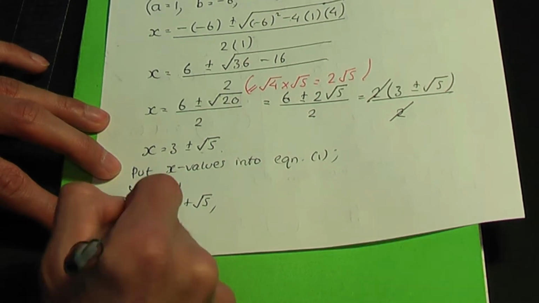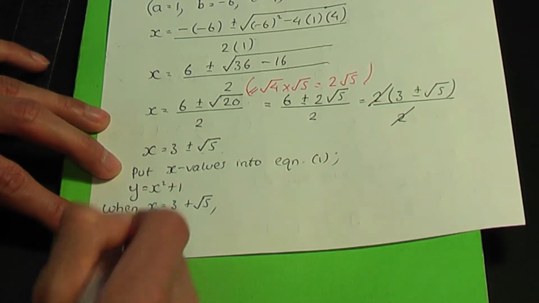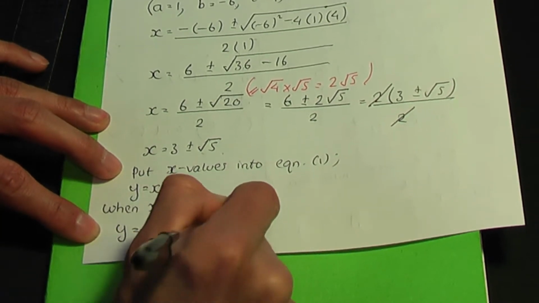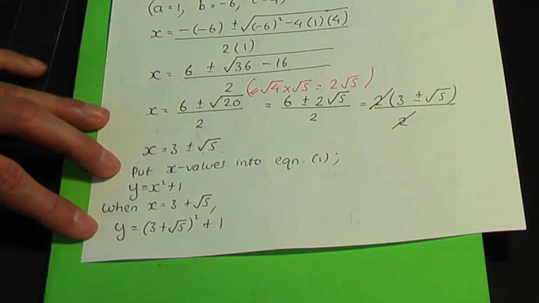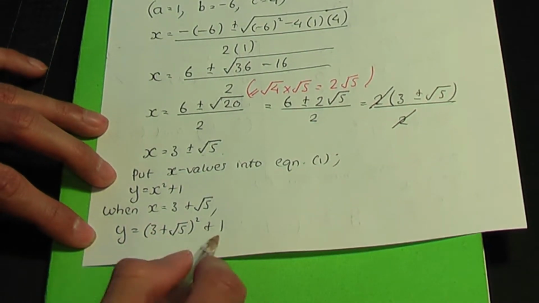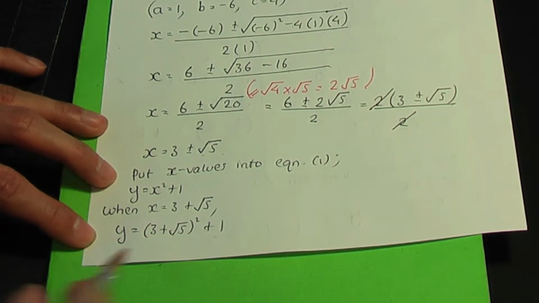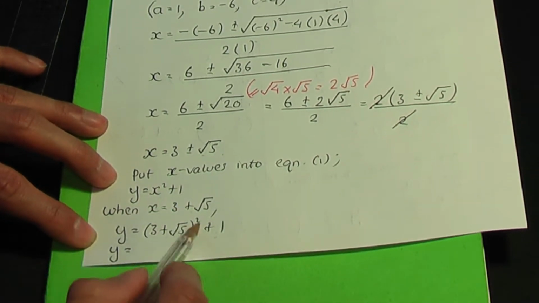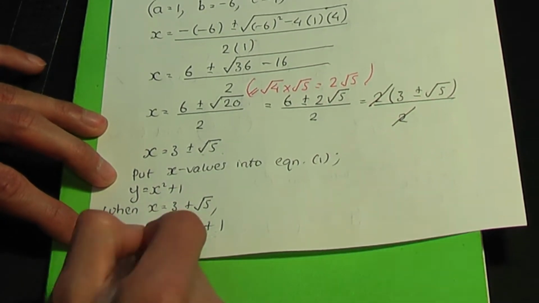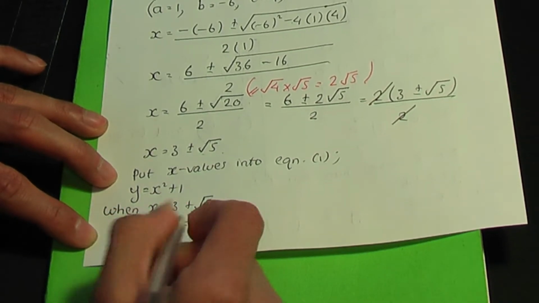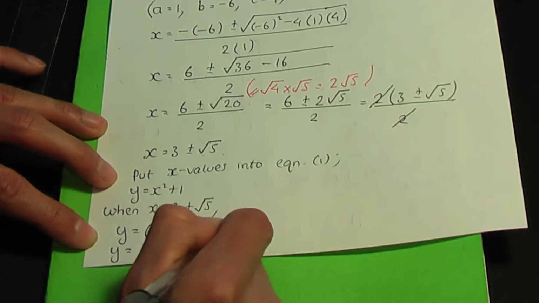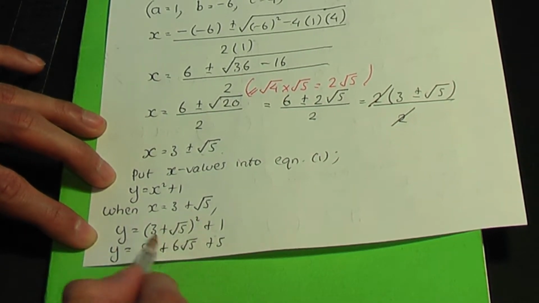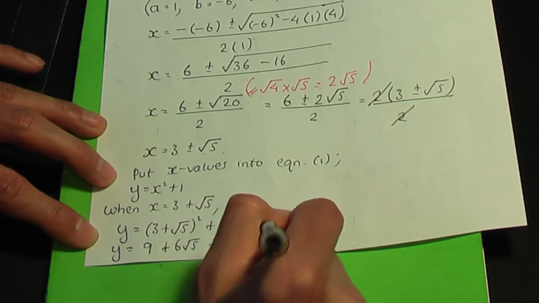So when x is 3 plus root 5, y is equal to 3 plus root 5 squared plus 1. Now I'm going to leave my answer in the form of a root, so let me expand first of all. So y will be, when I expand this bracket, I'll get 9 plus 6 root 5 plus 5, from the expansion of this bracket only, plus the 1.